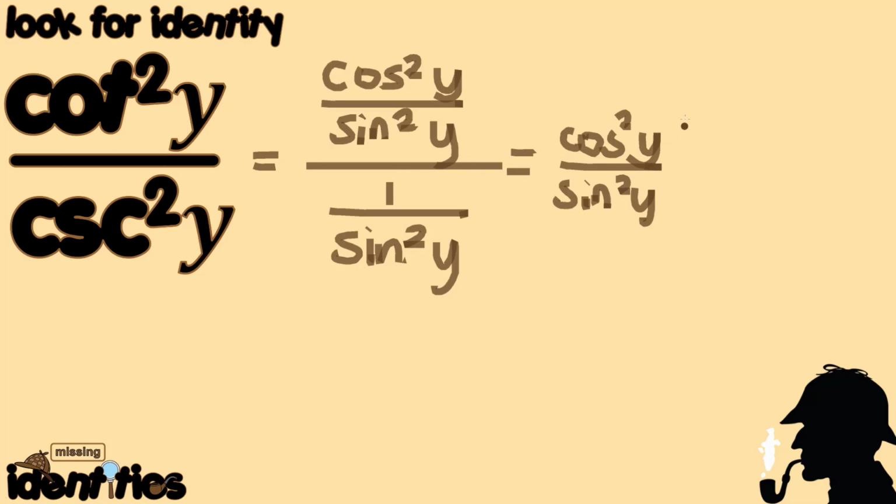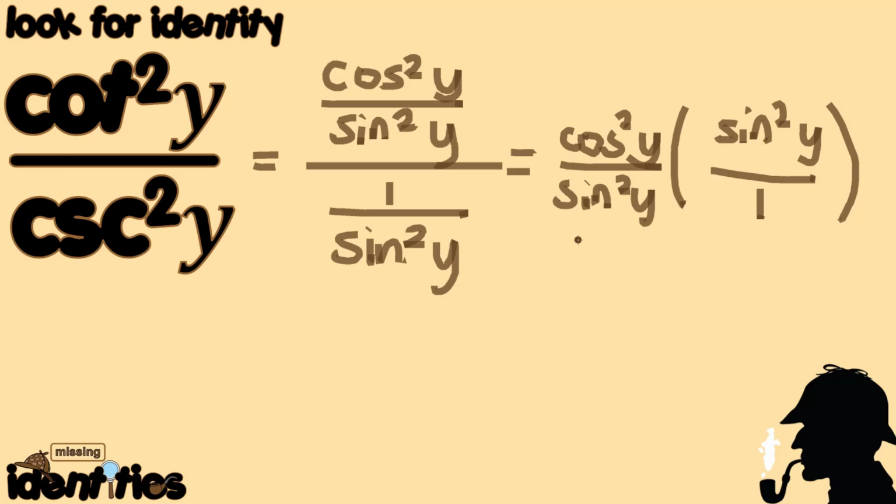Instead of division, we'll have multiplication, and our denominator now will be flipped or reciprocated. So when we flip this, it would be sine squared of y over 1. So this is what happened when we do the keep, change, flip method.